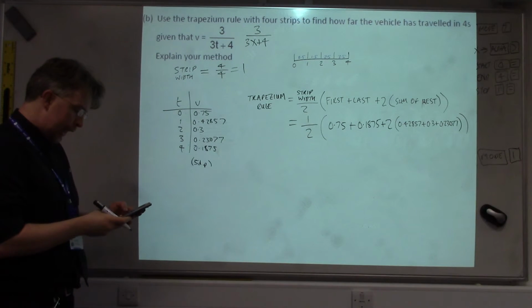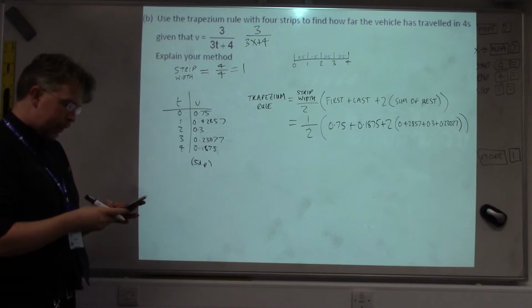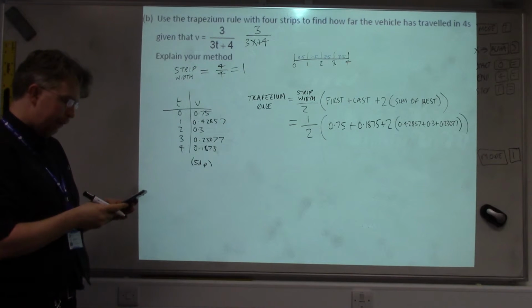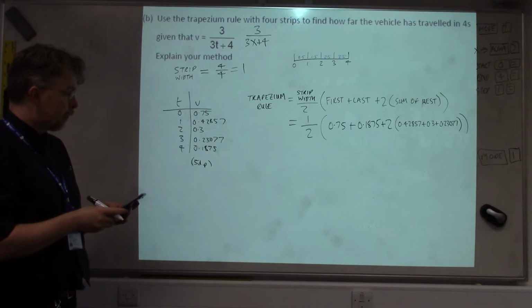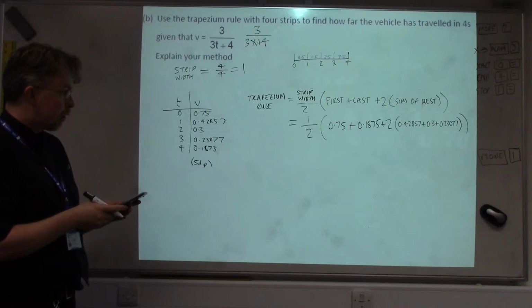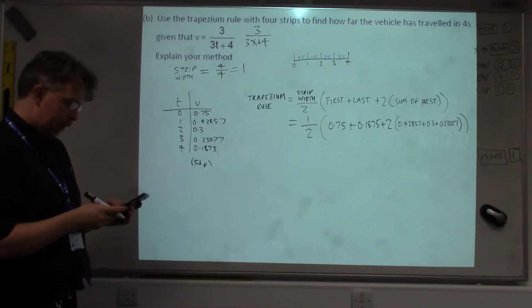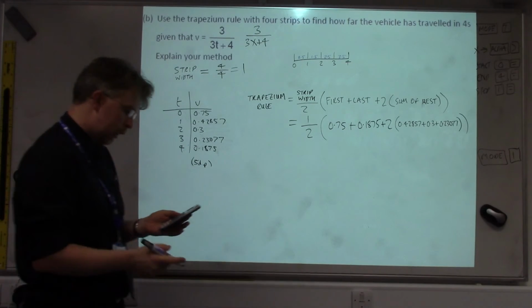Enter into the calculator. Mode 1 first to go back to normal mode, so a half, open bracket, 0.75 plus 0.1875 plus 2 times, open bracket, 0.42857 plus 0.3 plus 0.23077, close bracket, equals.